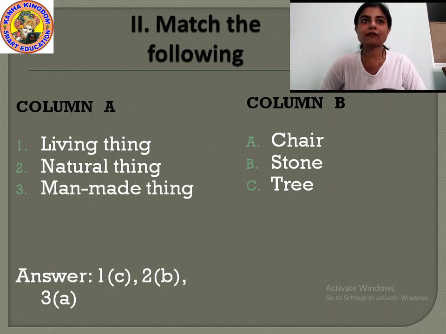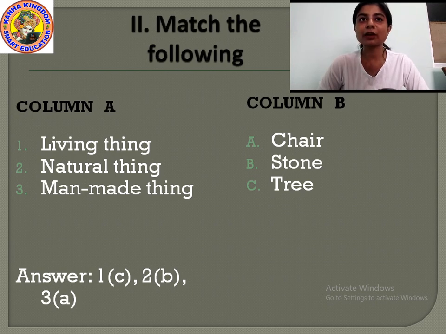Now what is the answer of number 1? Living thing, that is tree: T-R-E-E. The answer of number 1 is C. Then number 2, natural thing, that is stone: S-T-O-N-E.